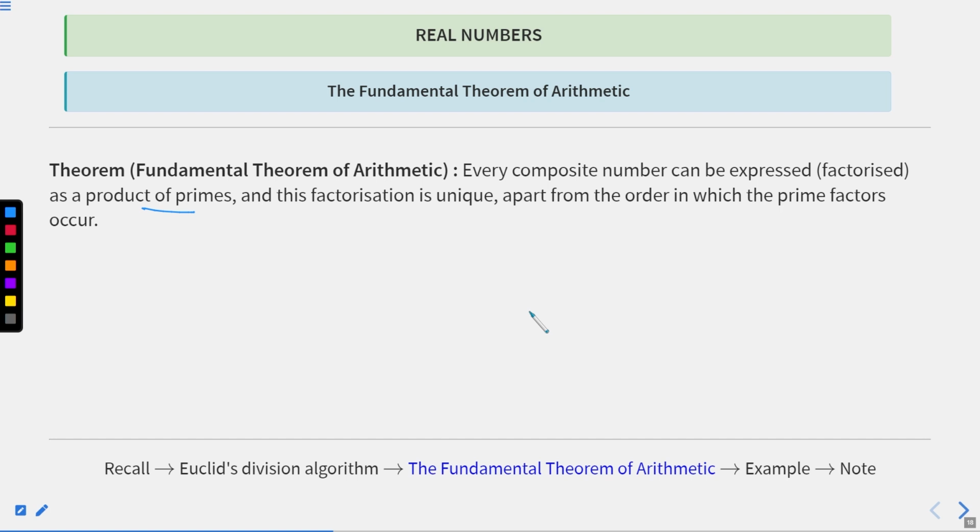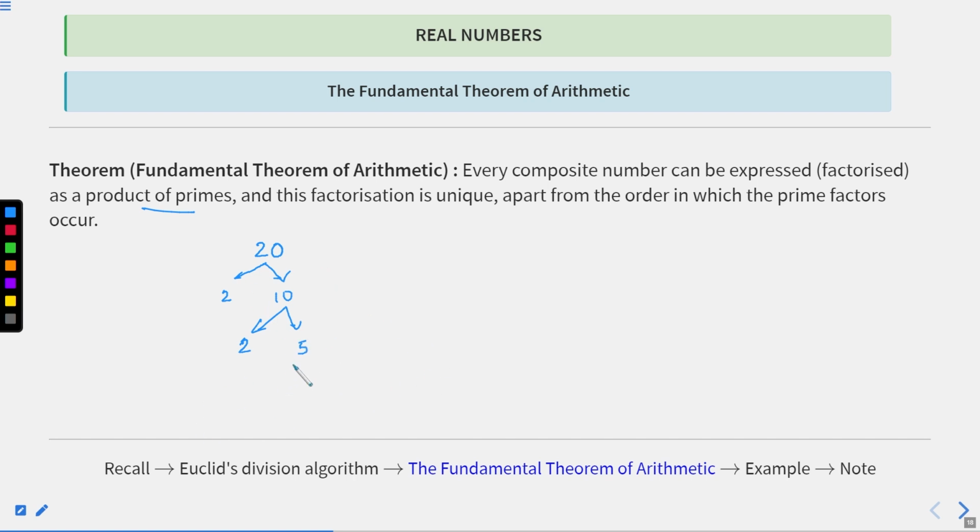For example, you can take the number 20. By using a factor tree, we can find its prime factors. Here 20 is divisible by 2, so the divisors of 20 are 2 and 10. Further, the prime divisors of 10 are 2 and 5.